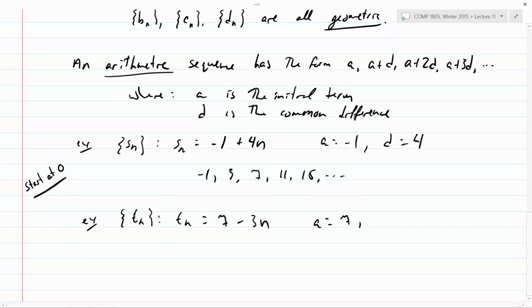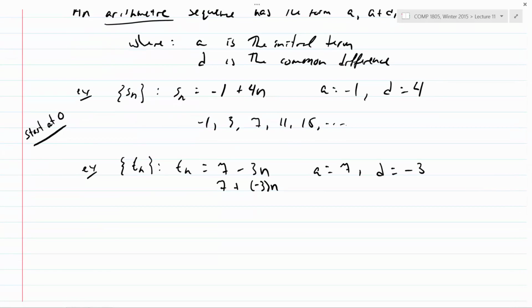Yeah, so here it's going to be negative 3. And the reason is, if you look at the definition of arithmetic sequence, it's a plus here. So really this thing is 7 plus minus 3 times n. That's how you would write it if you wanted to sort of cram it into that definition. So given that, the common difference is in fact minus 3.